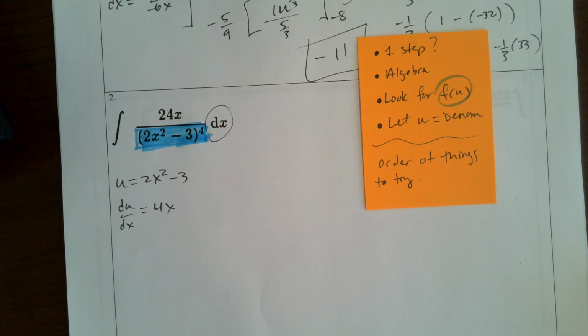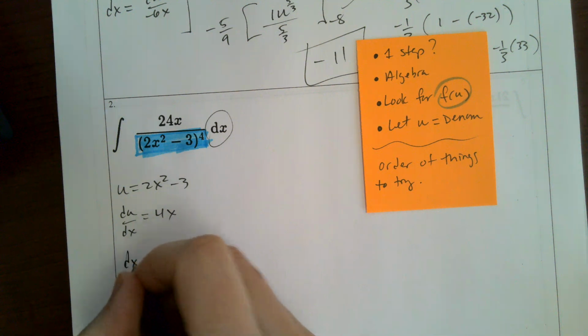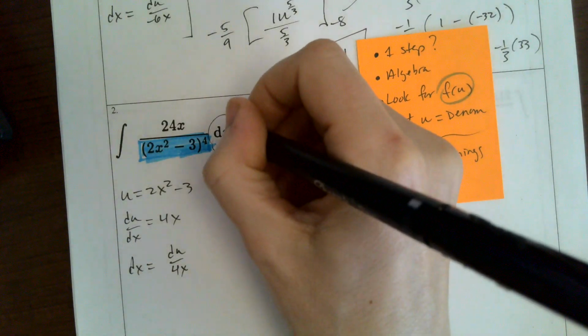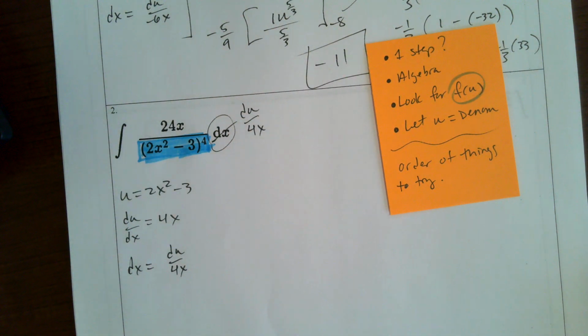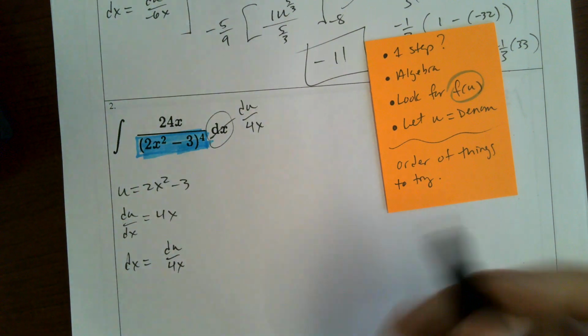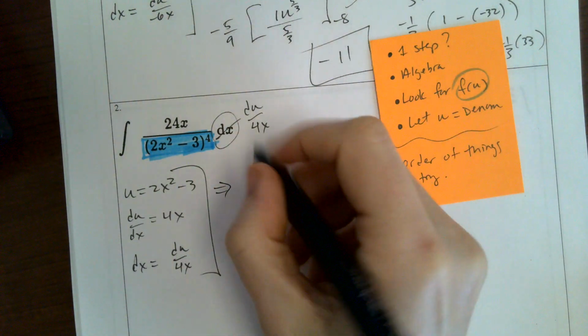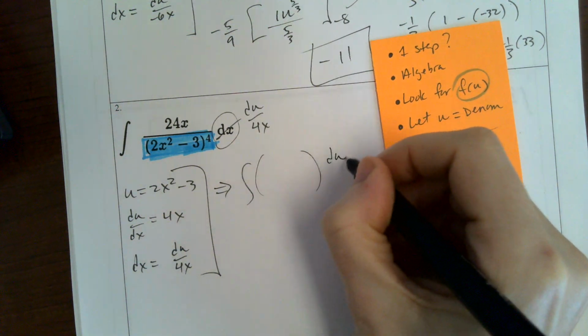I multiply both sides by dx, but then I divide both sides by 4x. I'm going to do that in one move. So I get du over 4x. So that's what this is, du over 4x. All right, guys, you know that you chose the correct u if the x's cancel.